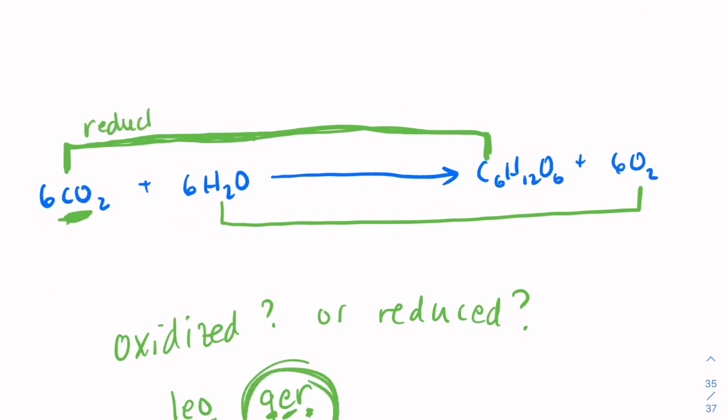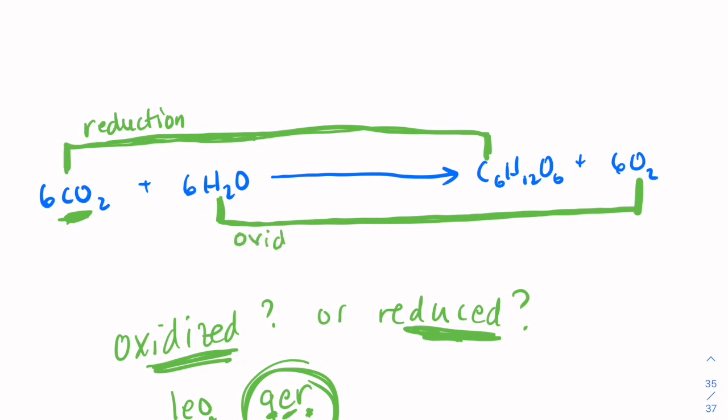This is a reduction reaction. And down here, water becoming O2. Is it being oxidized or reduced? Leo goes grr. Lose an electron or hydrogen atom, it's an oxidation. So this is being oxidized, isn't it? Oxidized.